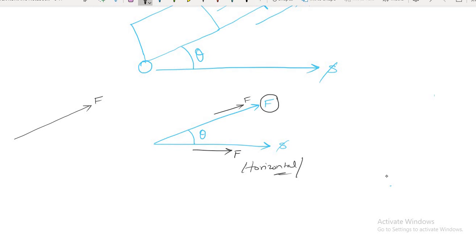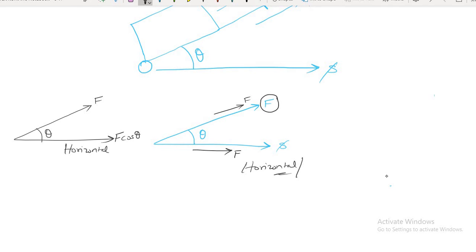If I have a force F which is at an angle of theta with the horizontal, then the force along the horizontal direction will be how much? F cos theta. Always remember, the force along the horizontal direction will be F cos theta.